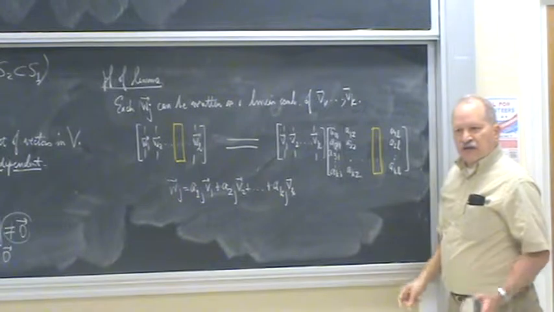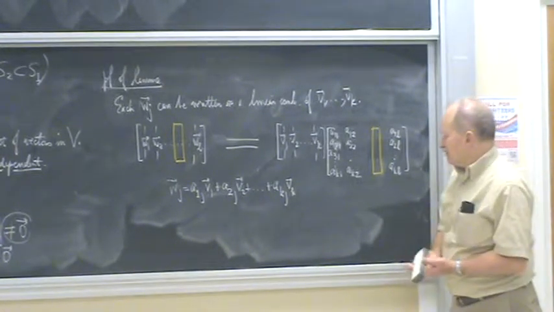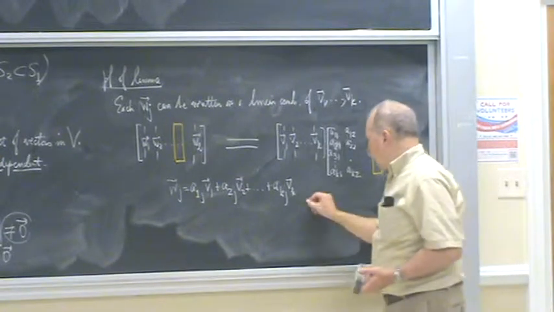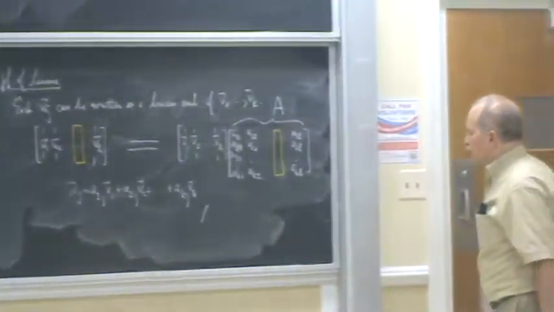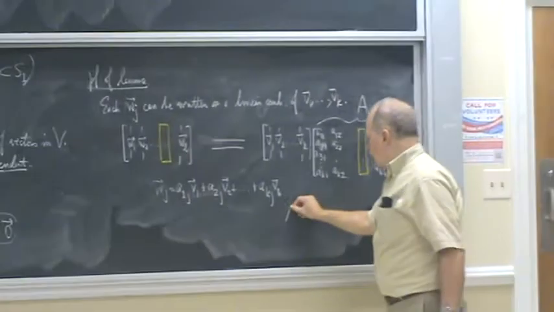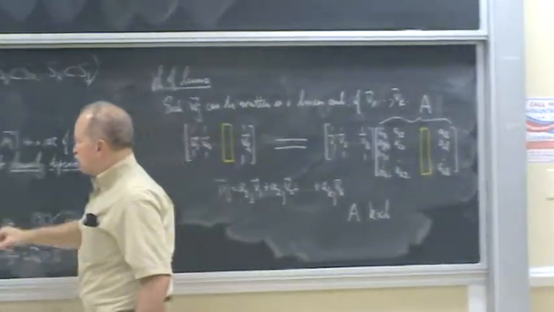Are you guys with me? So I have a what by what matrix A here? K rows, L columns. And we are saying L is bigger than K.